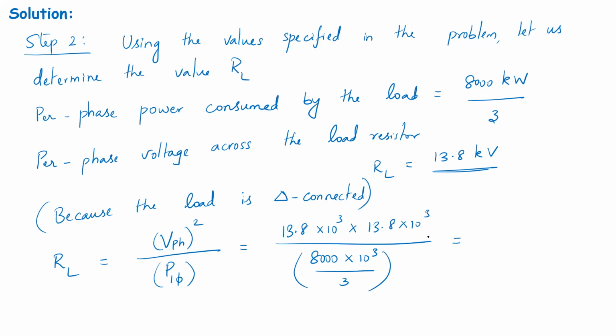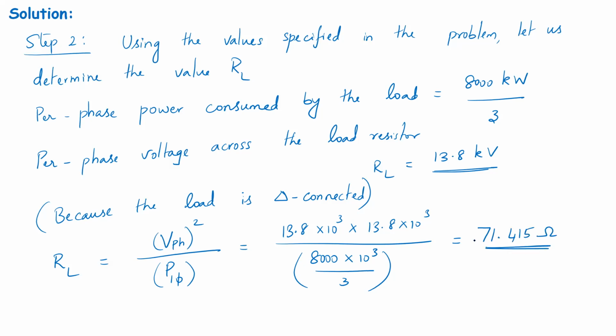And if I do the math, let me use my calculator here quickly. 13.8 K times 13.8 K divided by 8,000 K divided by 3. If I do that, I get a value of 71.415 ohms.